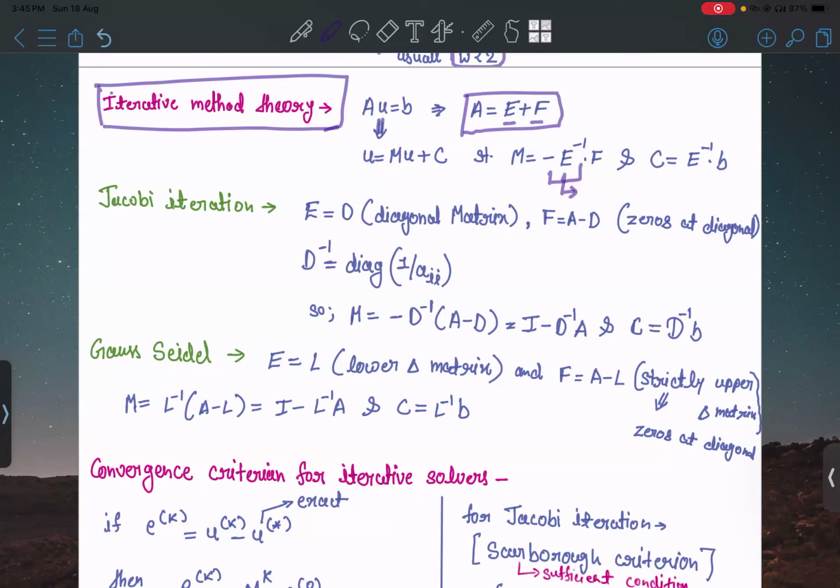So we wish to convert an A U equal to B type of problem into a U equal to M U plus C type of problem, where M is equal to minus E inverse F and C is equal to E inverse B. And since E is an easily invertible matrix, we can solve this very easily. Invertible means not that we will invert it; it means we will solve by some linear solvers.